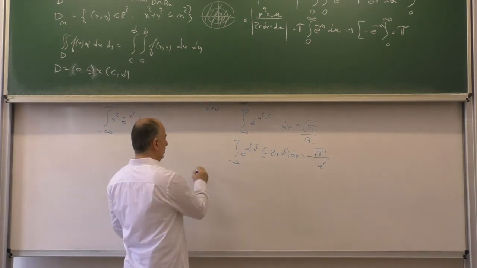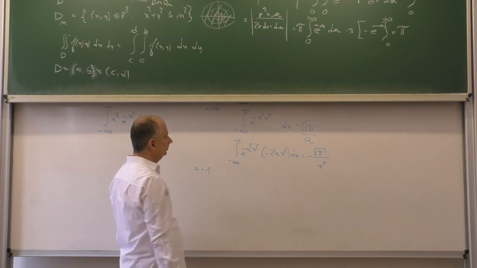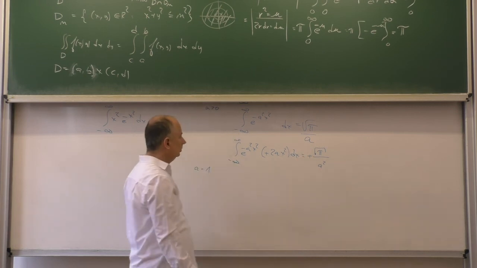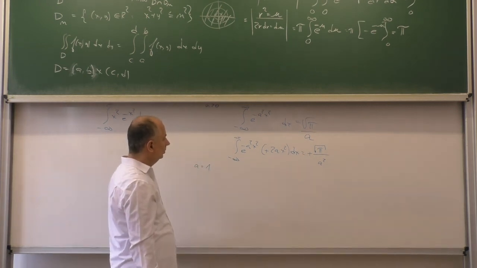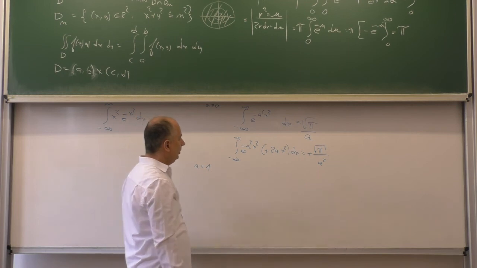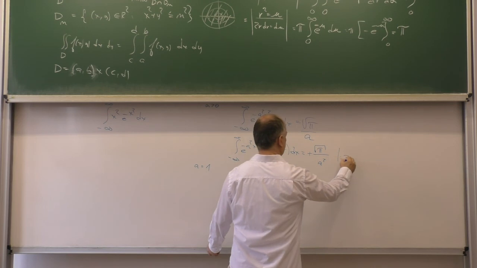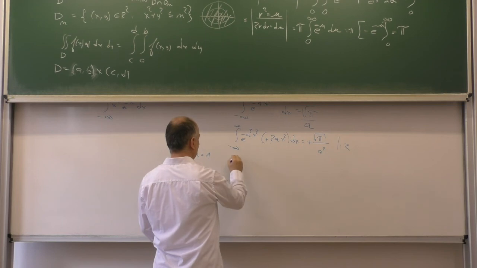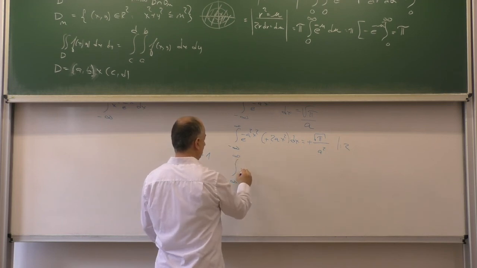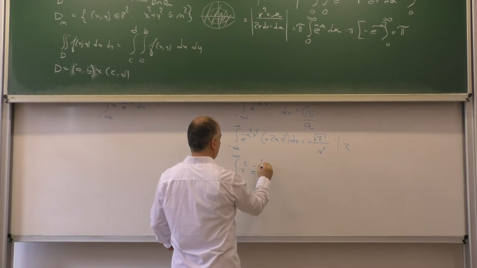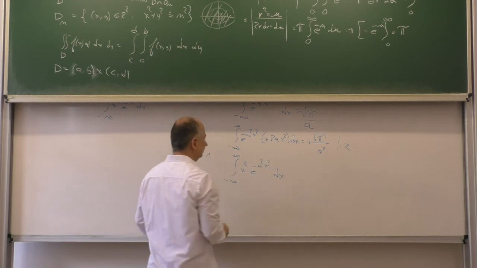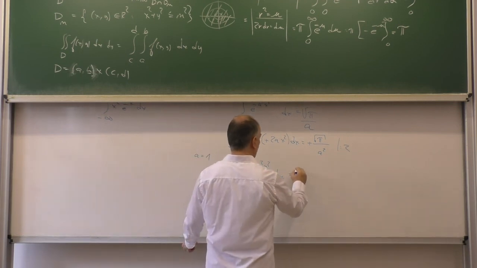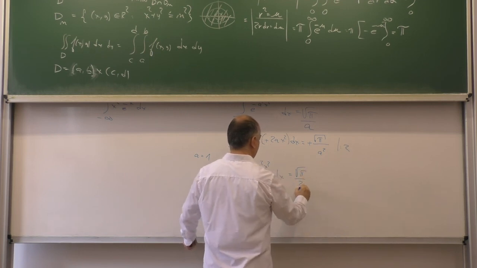And now, when we take a equal to 1, and we multiply by minus 1, and we divide by 2, to get rid of this 2, then we arrive at the integral from minus infinity to infinity of x squared e to the minus a squared x squared dx, which is square root of pi over 2.